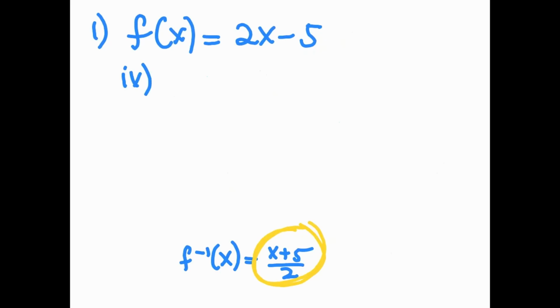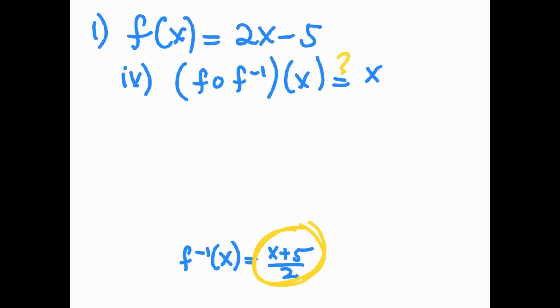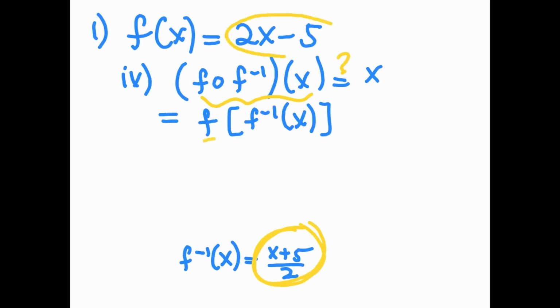Okay, for the second condition, we also need to show that f of f inverse of x is equal to the variable x. This of course will be equal to f of, by definition of composition of functions, f inverse of x. And then again, the function f is given by the expression 2x minus 5.